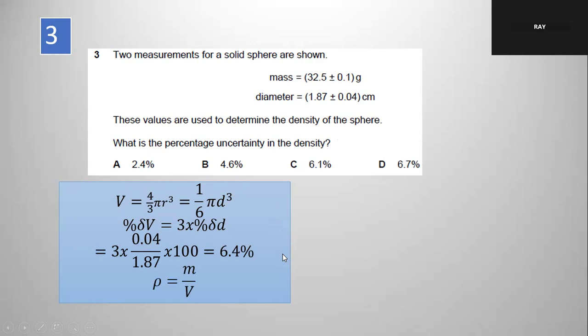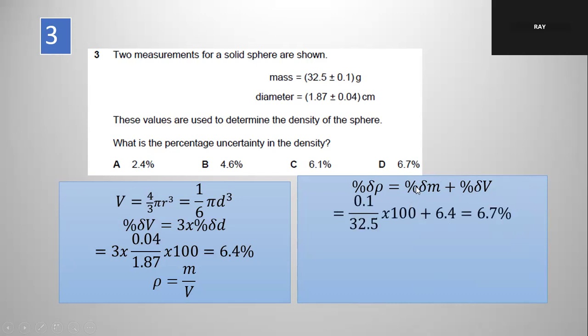Then you go to density after you have found the percentage uncertainty in volume. Density is mass over volume, so percentage uncertainty in density is percentage uncertainty in mass plus percentage uncertainty in volume. Mass is given, 0.1 over 32.5 times 100. 6.4, we already calculated it.